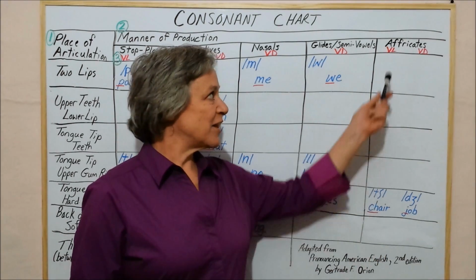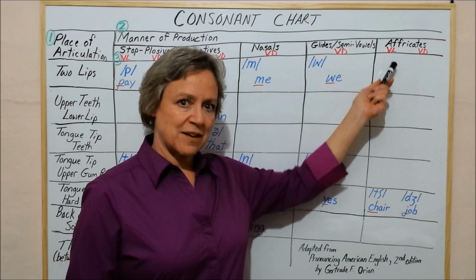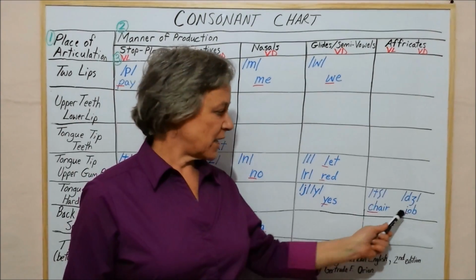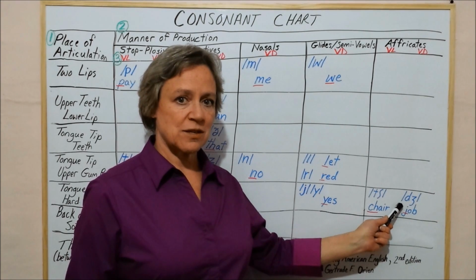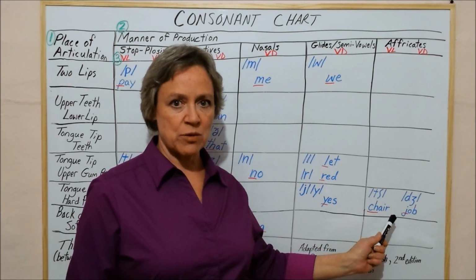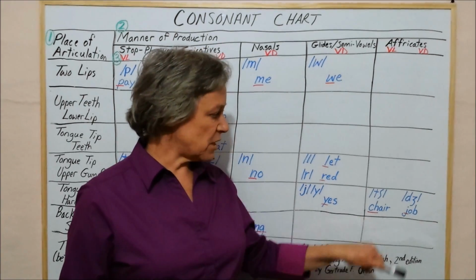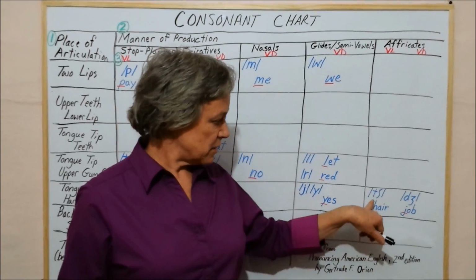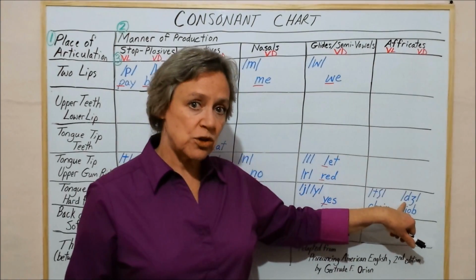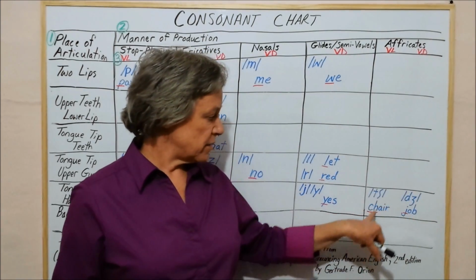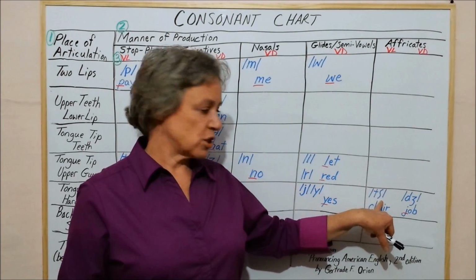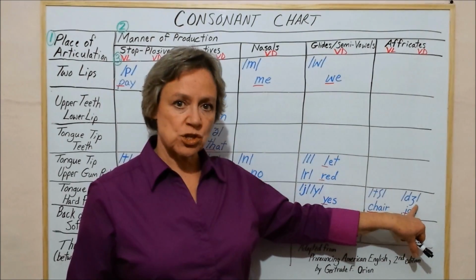Then we have the Affricates. The Affricates are ch and j. These sounds are combinations of two other sounds. They are combinations of the stop sounds t and d, and the fricatives sh and zh.